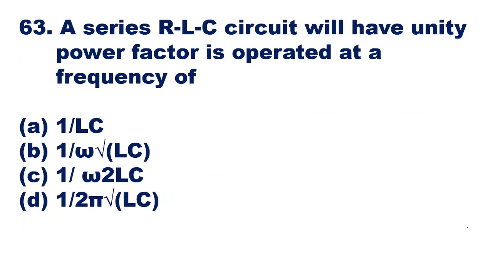A series RLC circuit will have unity power factor if operated at a frequency of what? So here we know at series resonance, the resonant frequency is given as Fr is equal to 1 upon 2 pi root LC.